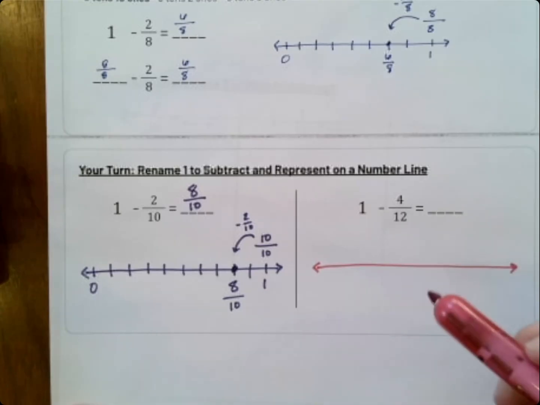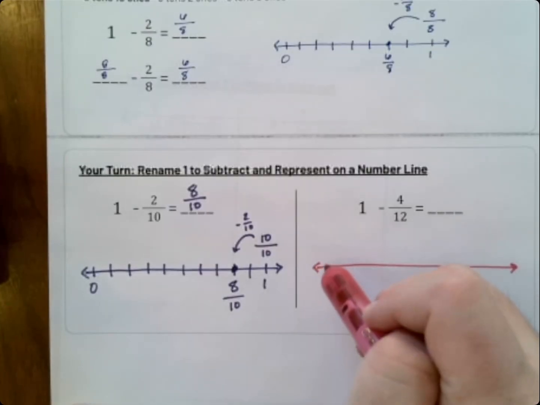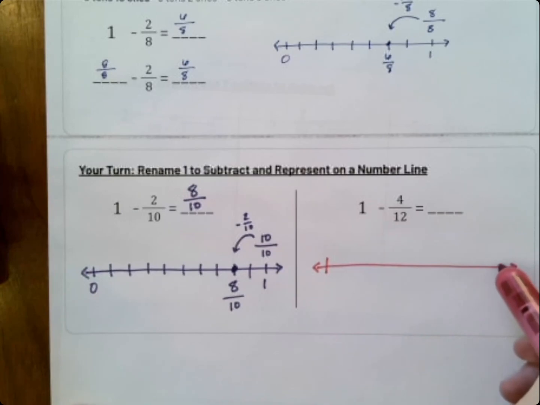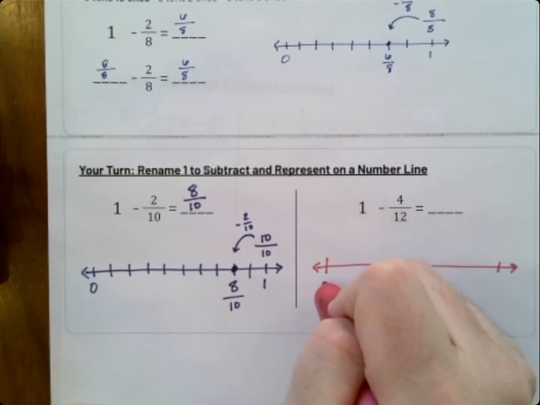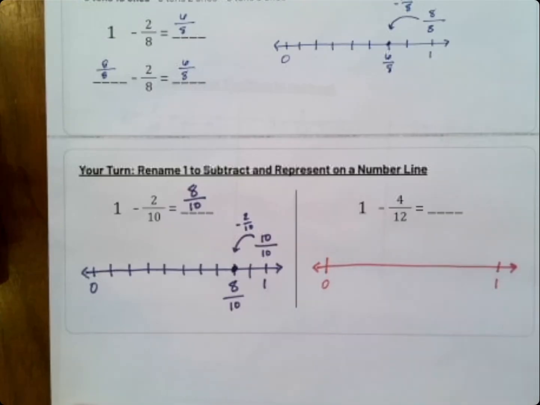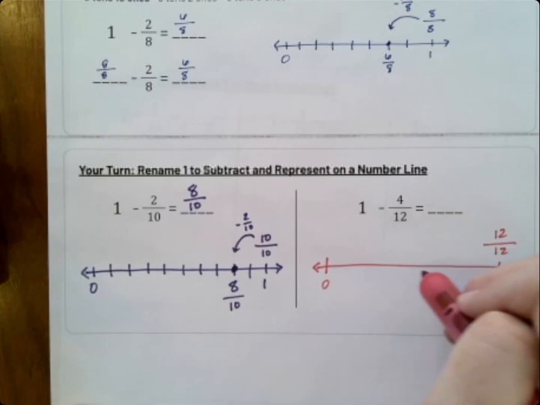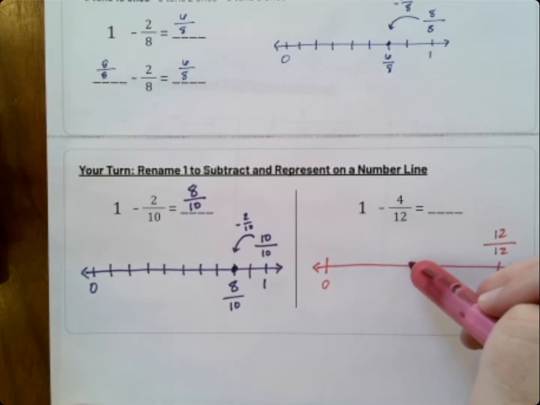All right, so I want to show you the partitioning for twelfths. All right, so I know that 1 is going to be equivalent to 12/12. So I know I'm operating between 0 and 1. So I'm going to partition to half first. That's going to be 6/12.